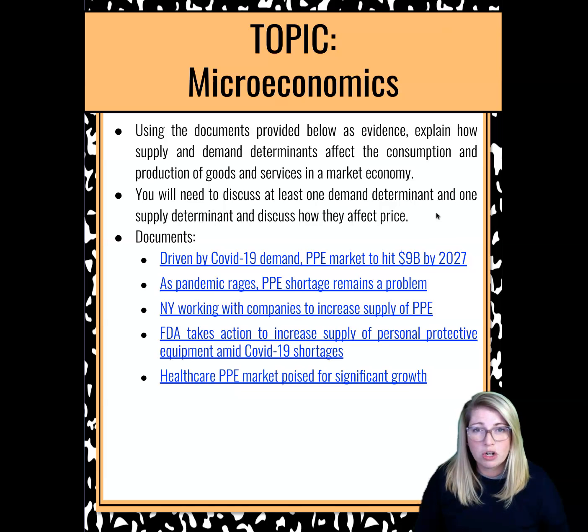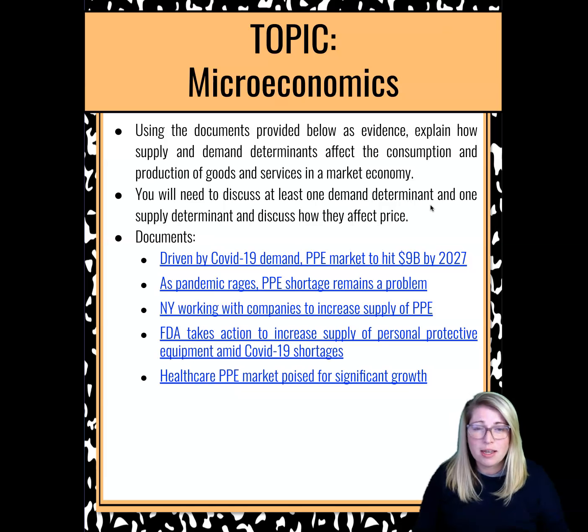So when we talk about determinants, you want to think back to when we talked about supply and demand and we did TIMER and TIGERS. So we had TIMER: taste and preferences, income, members of population, consumer expectations, and then our related goods, complementary and substitute goods.